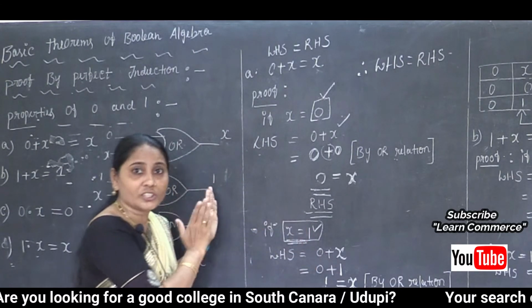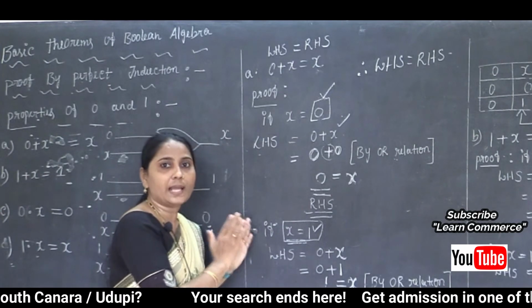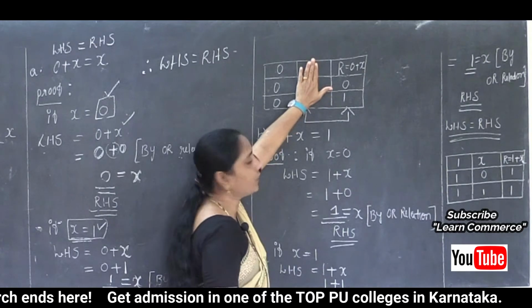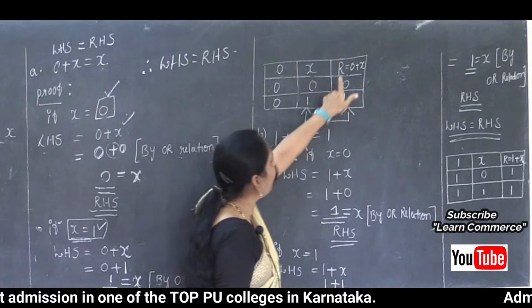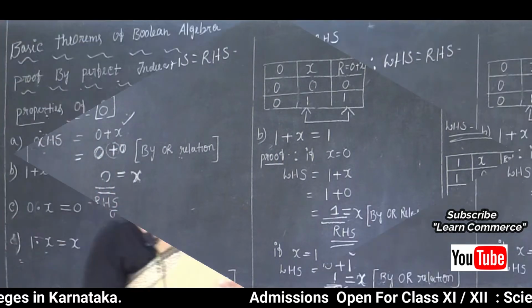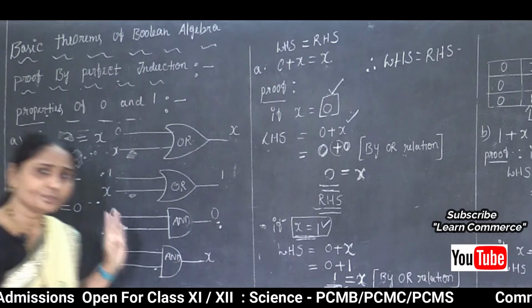While proving I used x value as 0 as well as x value as 1, and later we completed the truth table. Clear this point? Finally we can say that R signifies the result or the output of the truth table. 0 plus x is equal to x.